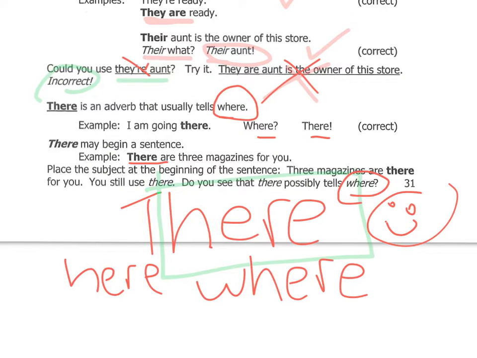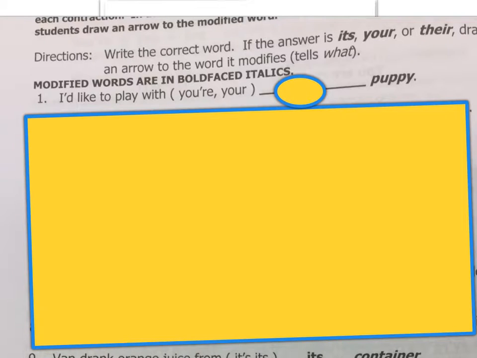All right, let's go to the next page and try this out. We're looking now at page 32. Write the correct word. If the answer is it's, your, or their, draw an arrow to the word it modifies. If it's a possessive pronoun, draw an arrow to the word it modifies. Number 1.